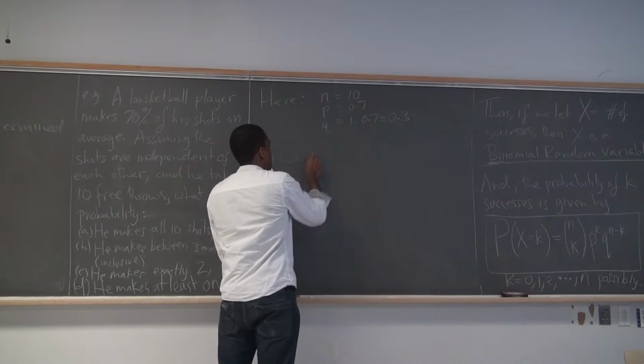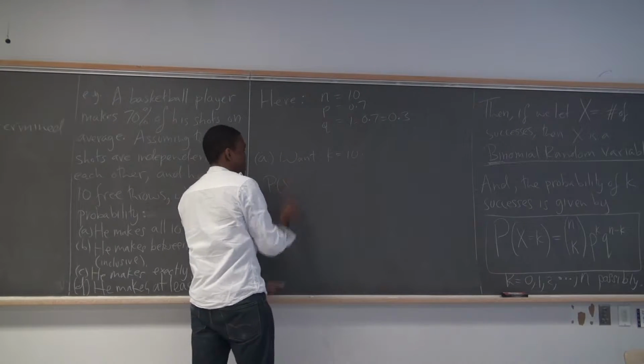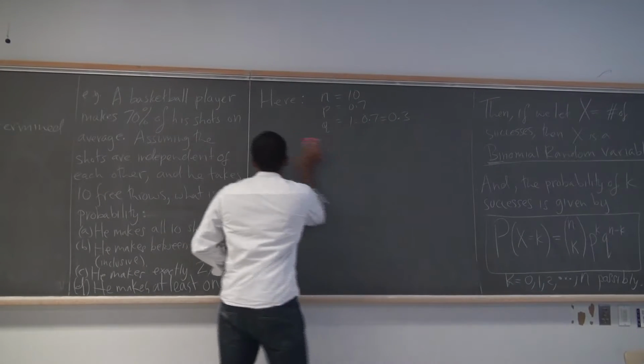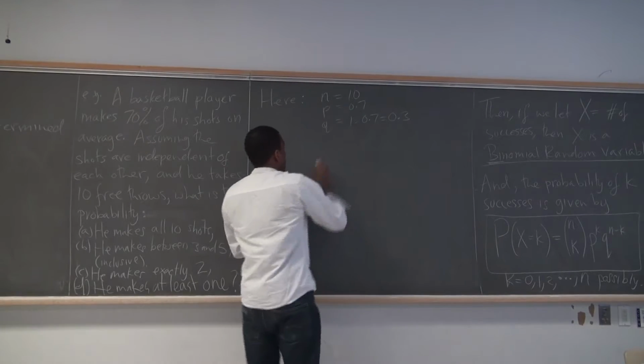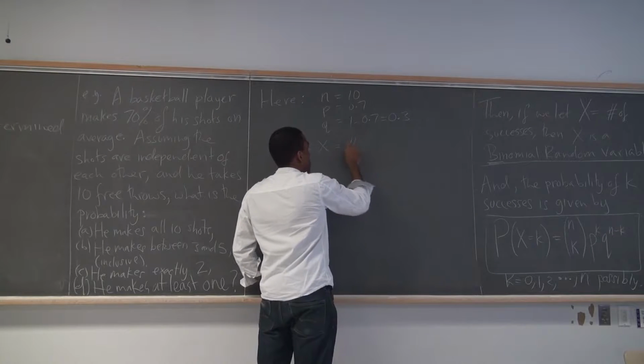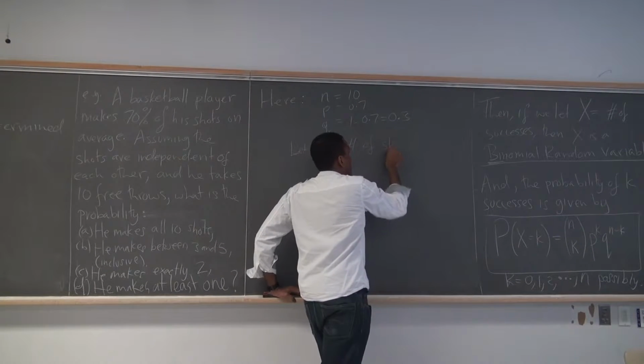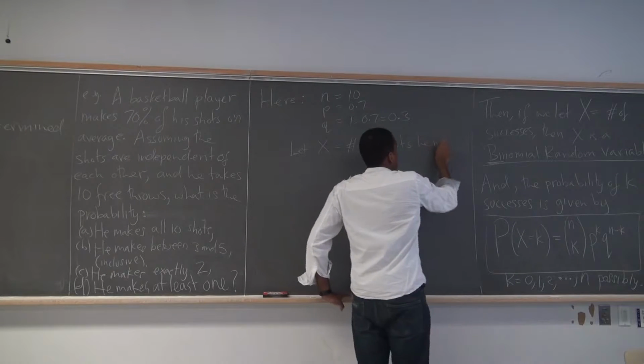We want k equals 10 in this case. The probability, so first let's define our variable. Let x equals the number of successful shots, or number of shots he makes.